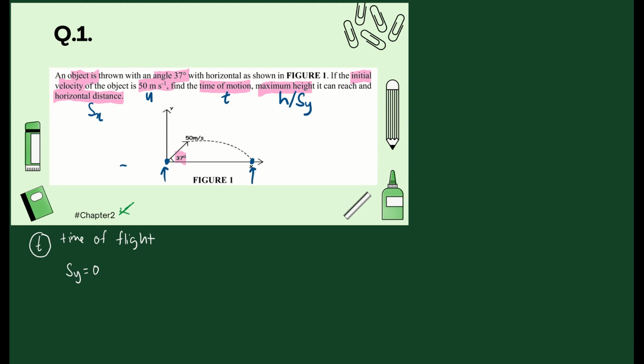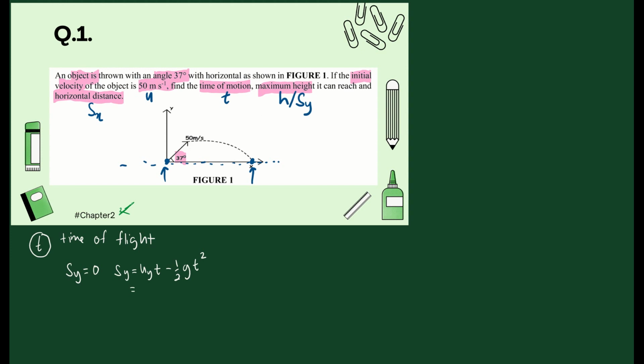You can see that the initial level and the final level are equal, so SY is equal to 0. Using this information, we apply the equation SY is equal to UYT minus half GT squared.